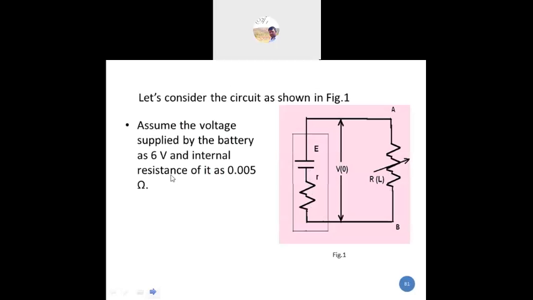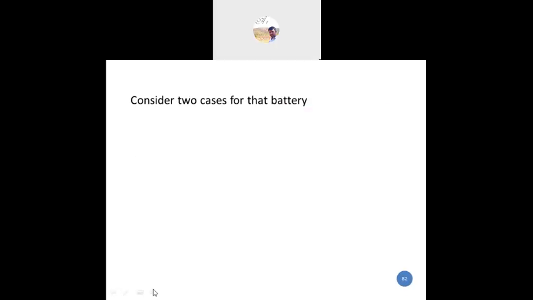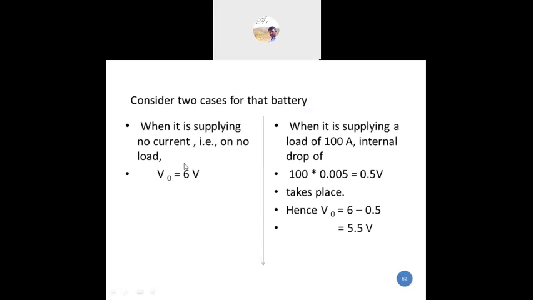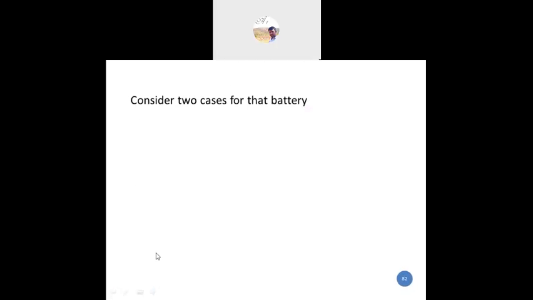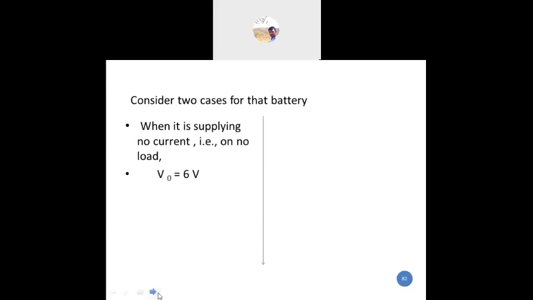There are two cases: when it is supplying no current, that is at no load, and when it is supplying current. Let's see the diagram. At no load, the voltage is 6 volts.